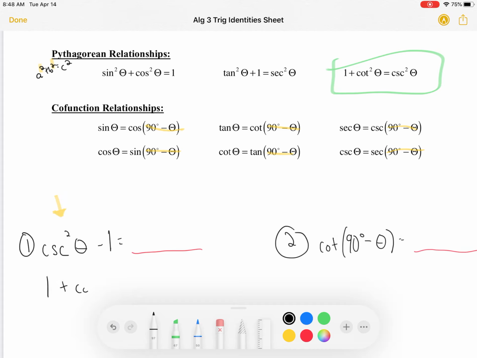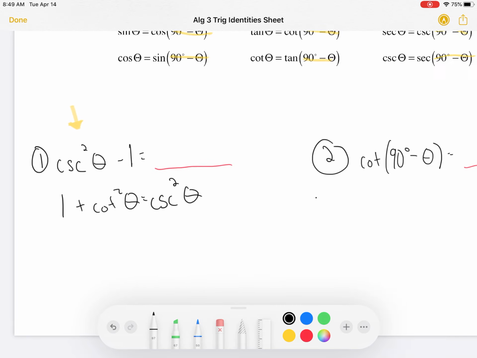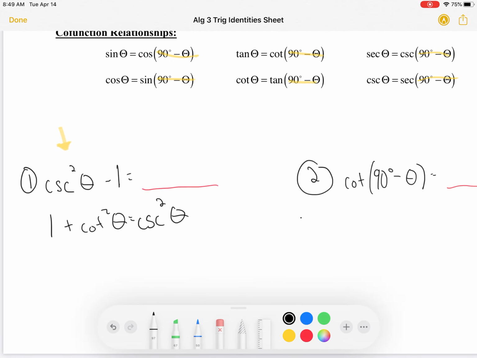It says 1 plus cotangent squared of theta equals cosecant squared theta. And now what they're trying to do is they're saying, hey, can I rearrange this guy to make it look like this guy?